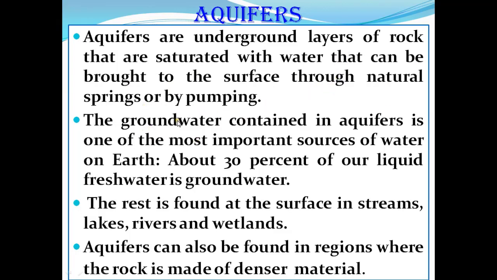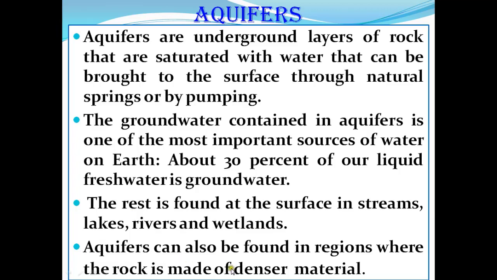The groundwater contained in aquifers is one of the most important sources of water on the earth, and about 30% of our liquid fresh water is groundwater. The rest is found at the surface in streams, lakes, rivers, and wetlands.